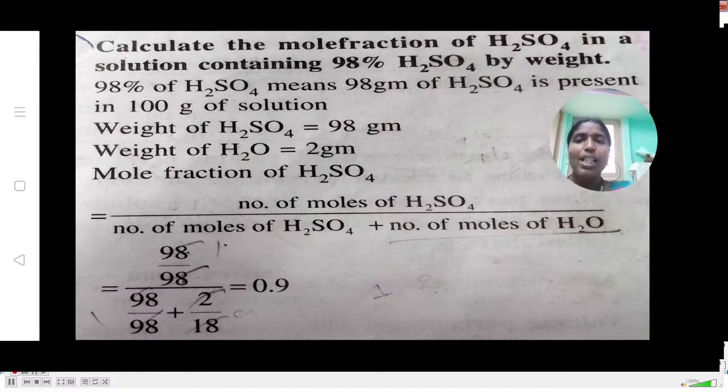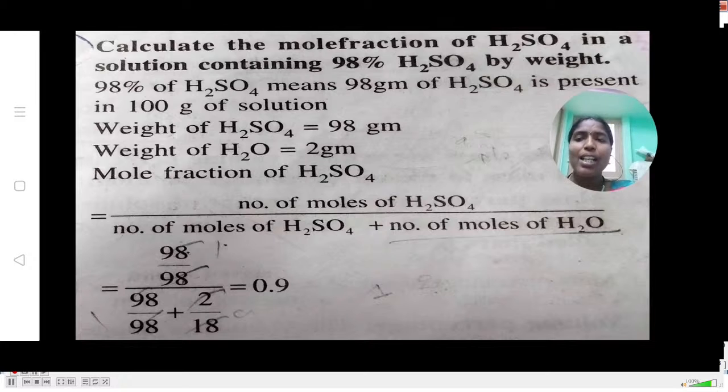The weight of water is 2, and the molecular weight of water is oxygen 16 plus 2 hydrogen, totally 18. So see the calculation: (98/98) divided by (98/98 + 2/18). 98 cancels 98, and 2 ones are 2, 2 nines are 18, so it is 1 by 1 plus 1 by 9.